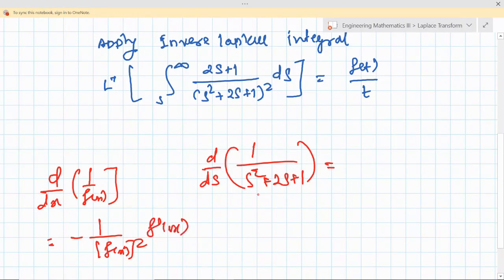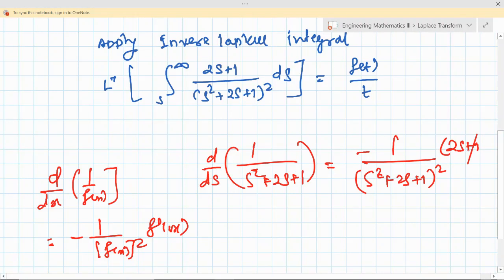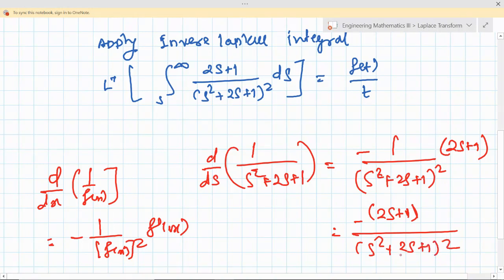Got it? So the function is s square plus 2s plus 1. So this is minus 1 upon (s square plus 2s plus 1) bracket square into the derivative of this, 2s plus 1. Got it? So this is nothing but minus (2s plus 1) divided by (s square plus 2s plus 1) square.